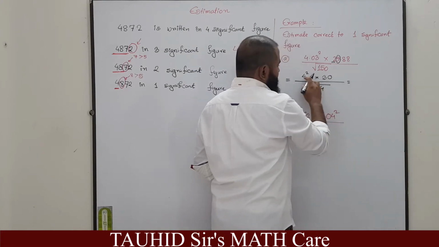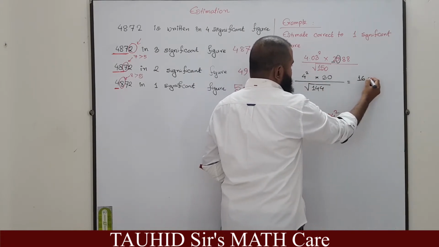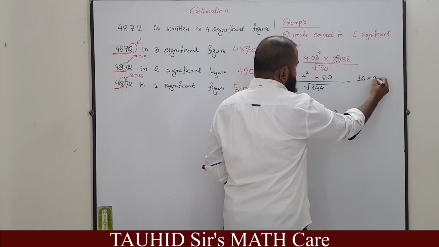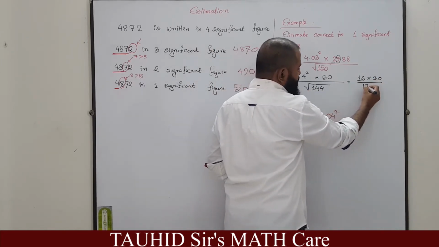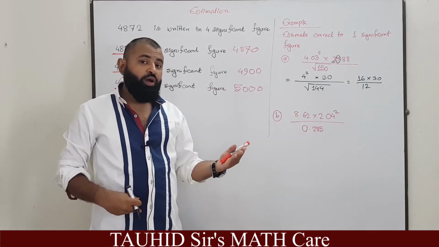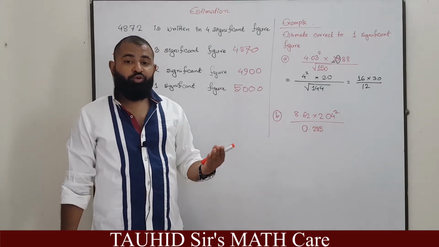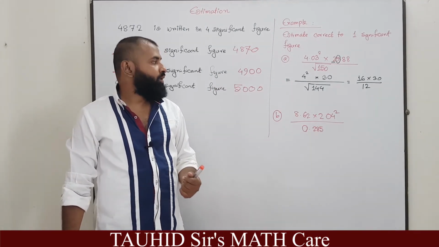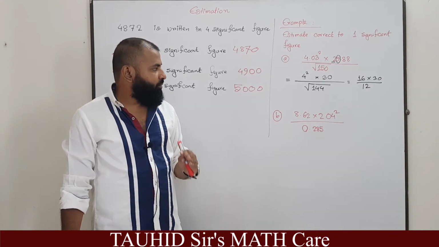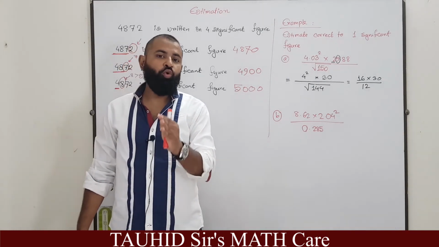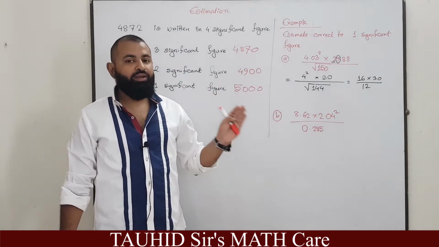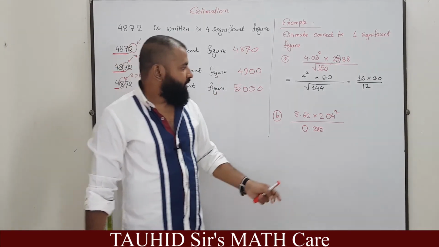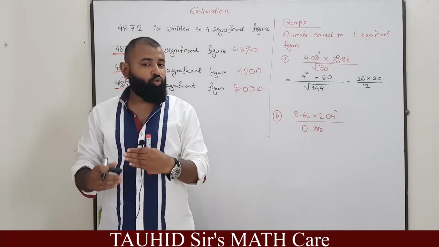So we can write 4 squared, meaning 16, multiplied by 30, divided by the square root of 144, meaning 12. In the videos where we talked about squares and cubes, I told you that Cambridge expects you to have memorized the squares from 1 to 15 and their corresponding square roots.